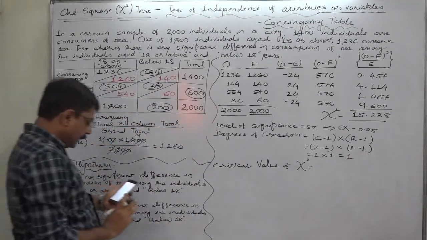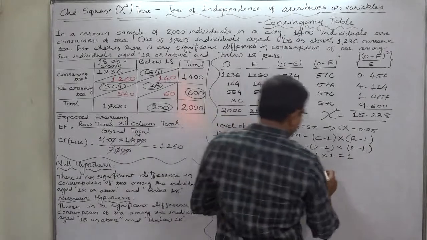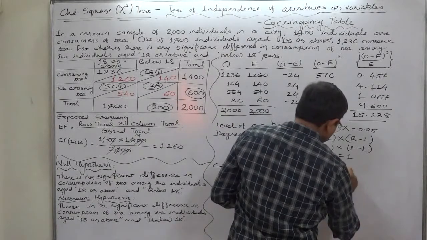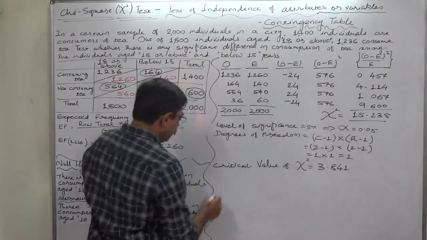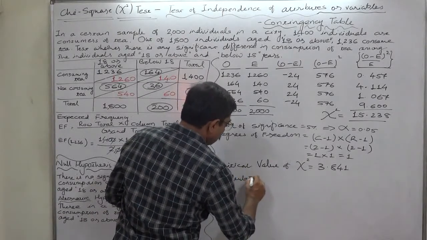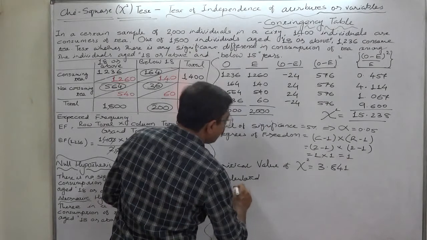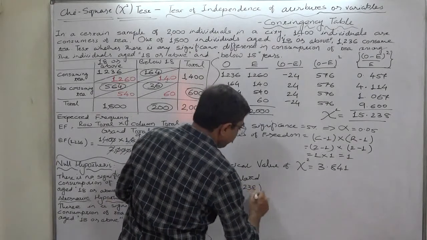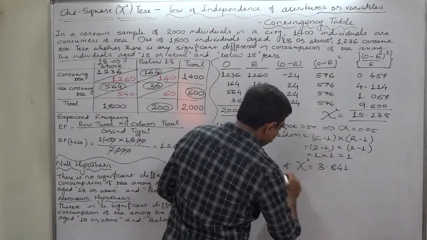And it is 3.841. And now the similar thing, chi-square calculated is 15.238, chi-square critical is 3.841.